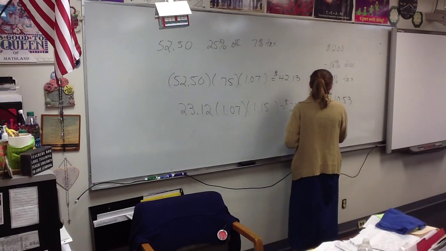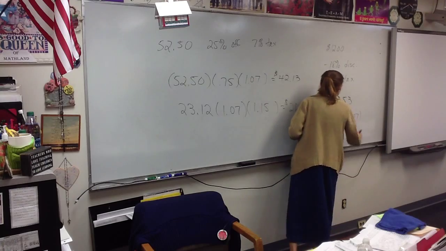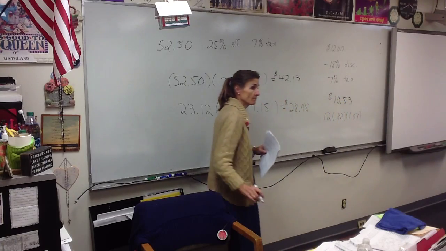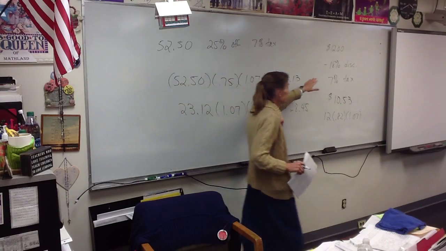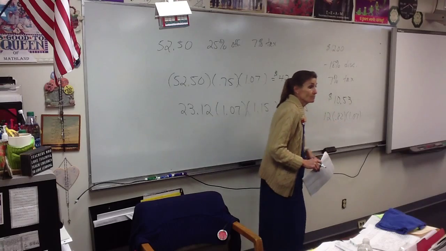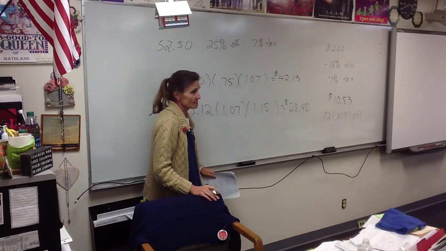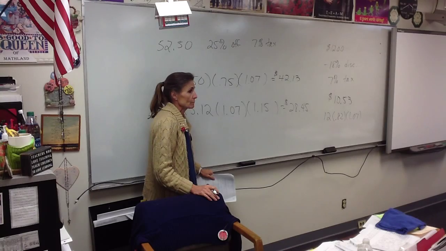You say 12 times 0.82 times 1.07. Yeah, it's the 0.82. That's your problem. It's an 18% discount, so we take off 18. Oh yeah, it's like 100 minus. That's exactly what it is. If it adds on to that, you do 1.1. Okay?